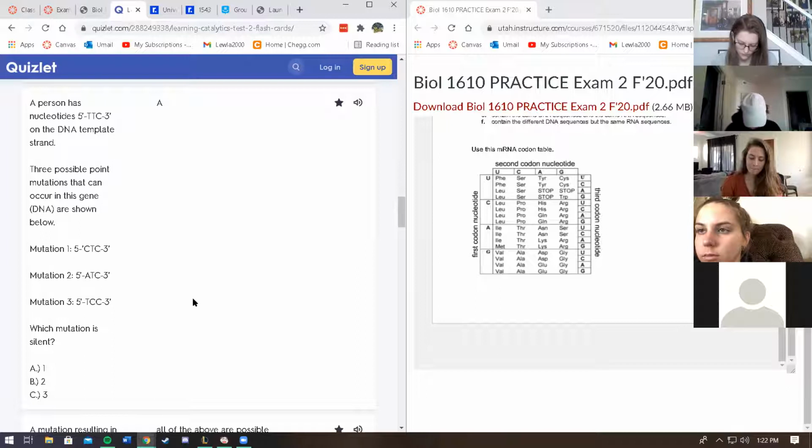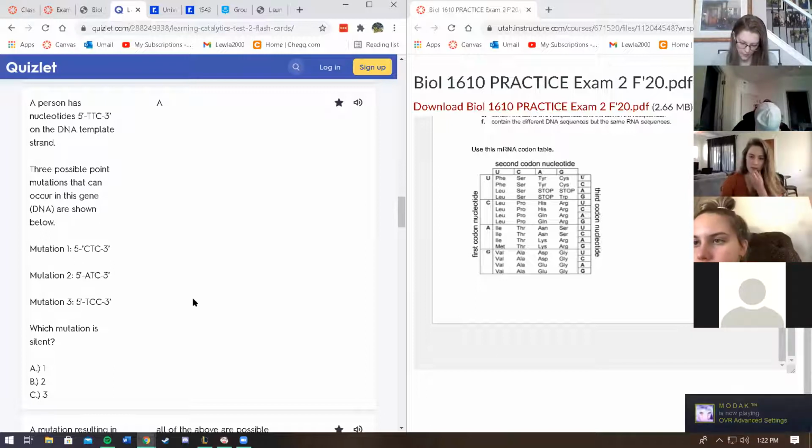So it would just be AAA, resulting in lysine. Well, AAA and AAG result in the same amino acid, they're both lysine, so there's no change in the sequence. I thought that one was AAG and arginine. AAA are both lysine. Hold on, AAG.